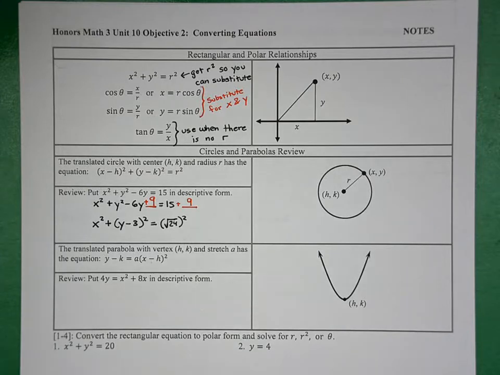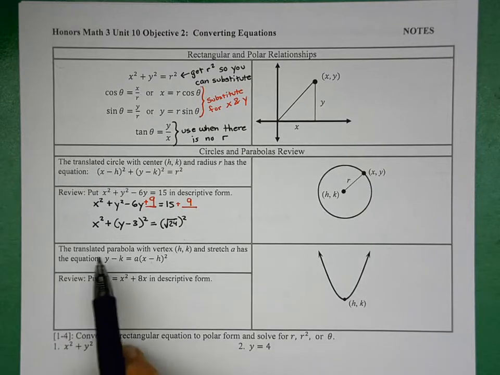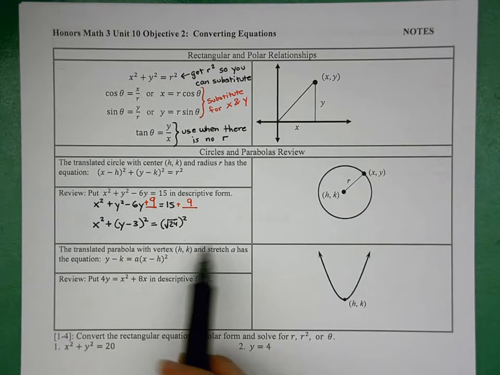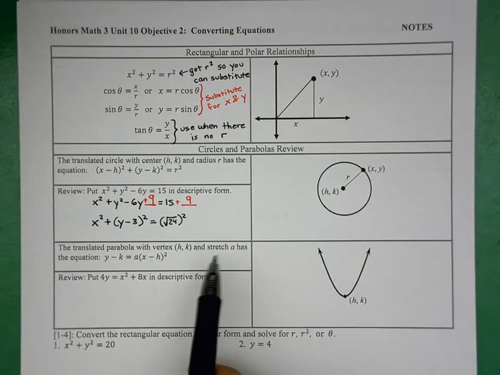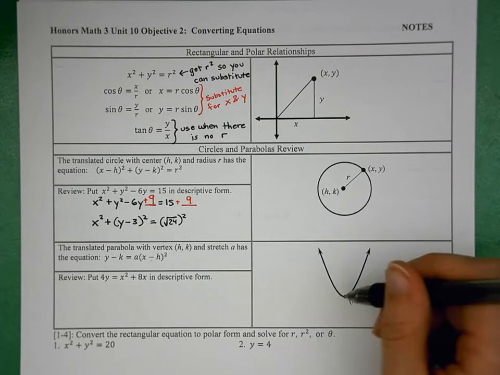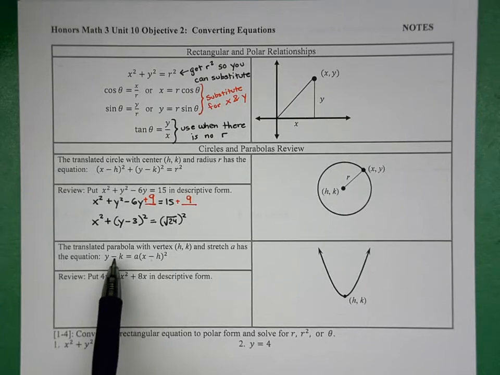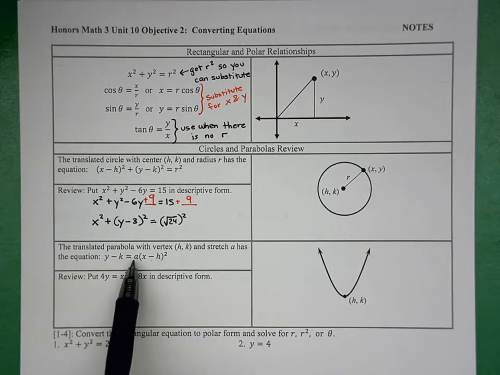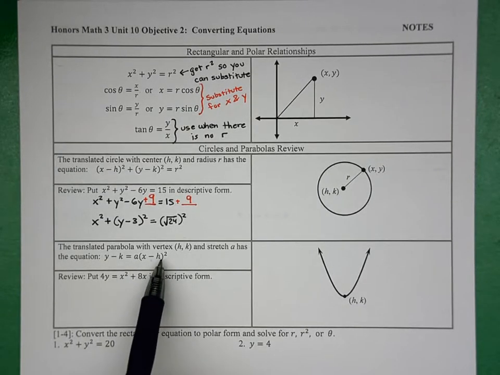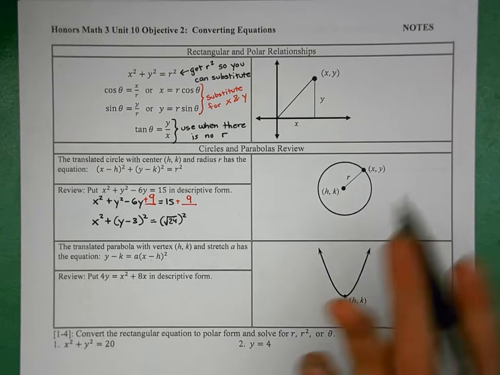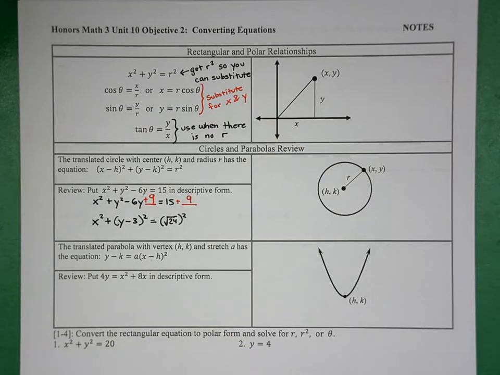So we're going to do another complete the square here in a bit, just to, again, give us another go with it. But quick reminder about parabolas, which is the other thing that will come into play within the course of this lesson. The translated parabola with vertex (h, k) down here, and stretch a, right, which is again that up and over that we've got, has the equation y minus k equals a on the outside, x minus h quantity squared, and if the a is negative, that turns that parabola upside down.